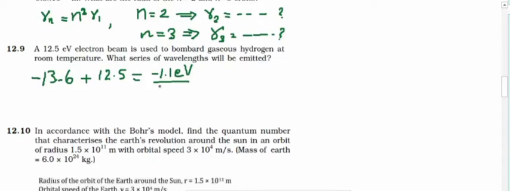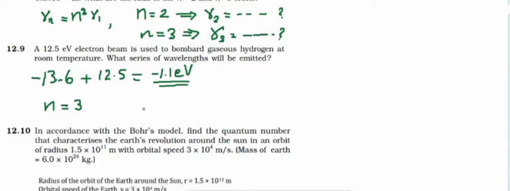An electron in hydrogen atom having energy minus 1.1 electron volt means its energy is almost close to n is equal to 3 level. That means what happens when you bombard the hydrogen atom with this electron beam?